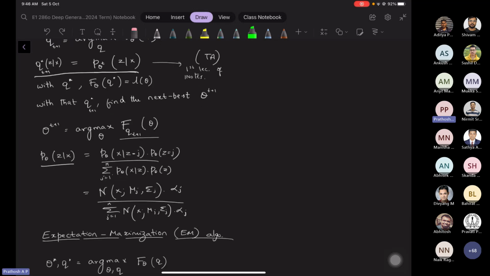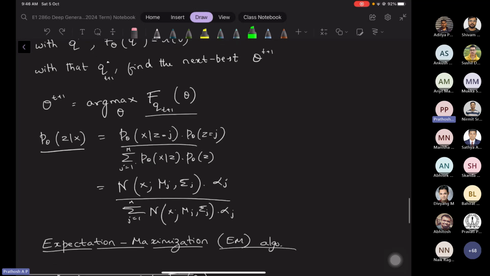Now, how do we know p theta of z given x? It is given by the Bayes rule, which is written here. And in the case of a GMM or other mixture models, we know how to compute p theta of z given x for a particular theta. And therefore, we know how to compute the optimal q. Understand?